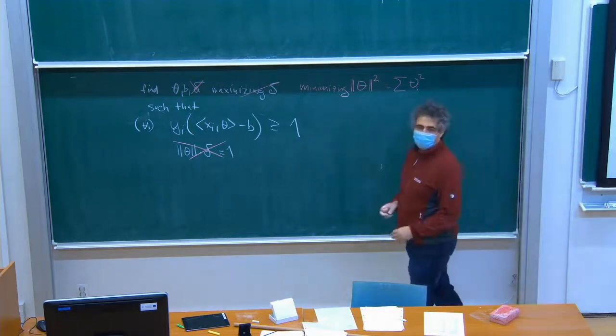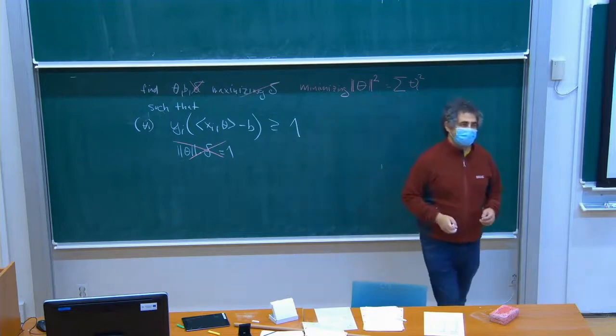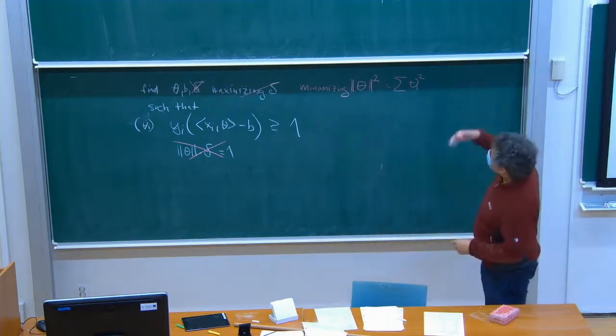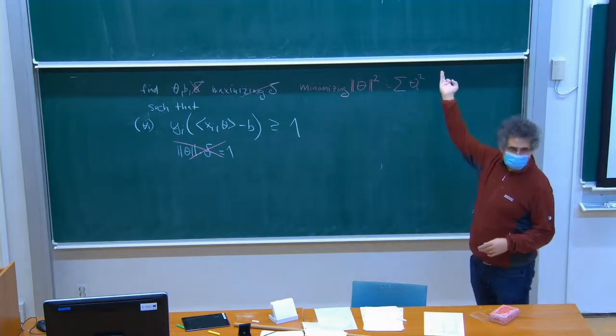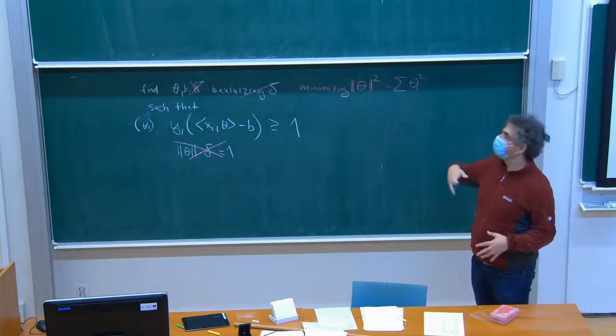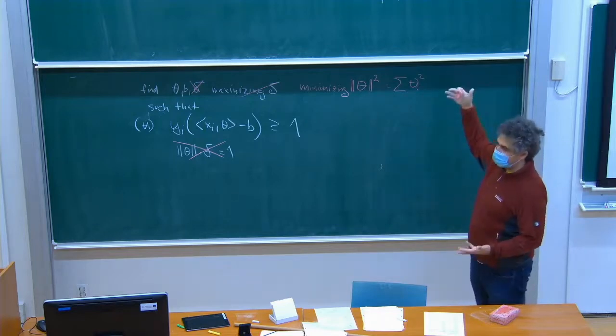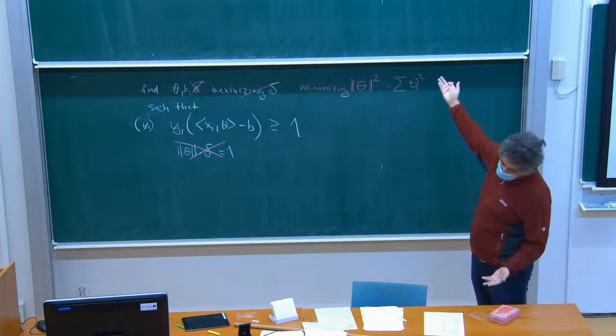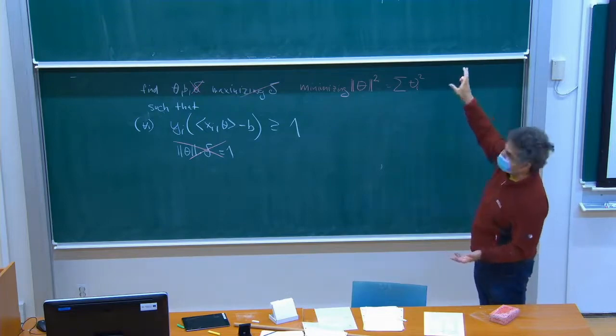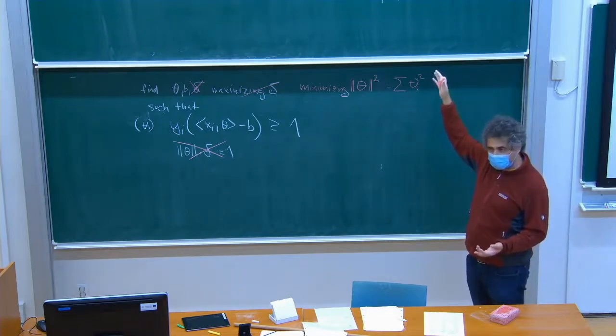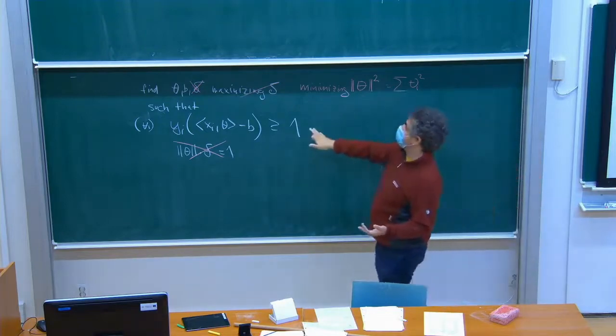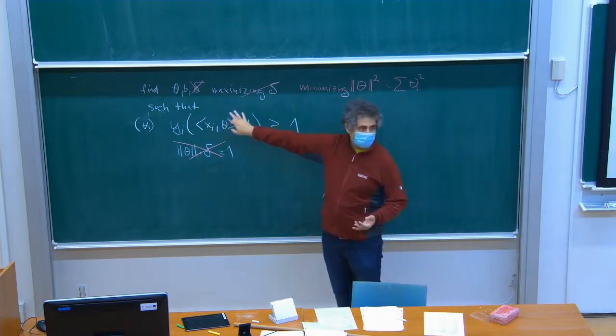Okay, so this is it. By a series of steps we introduced this margin variable, introduced this idea of finding the maximum margin classifier, and tried to formulate it as a quadratic program. We came to this, which is actually quite a non-trivial quadratic program.